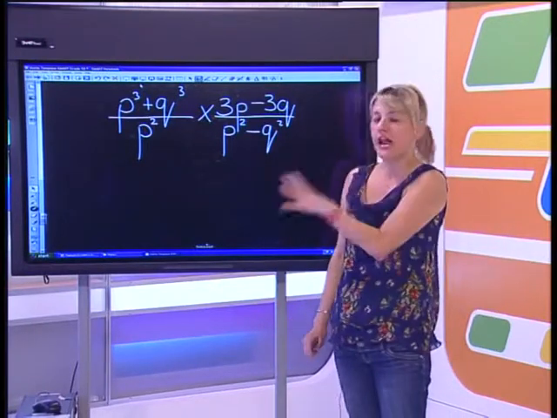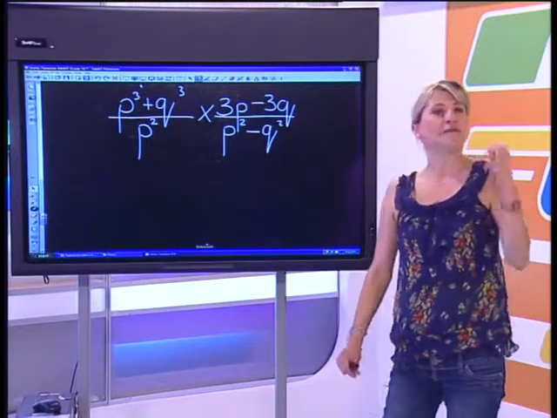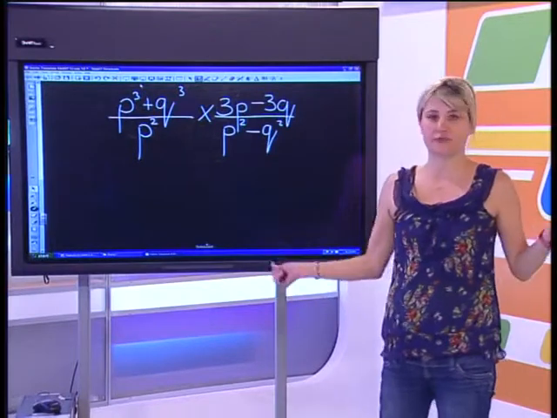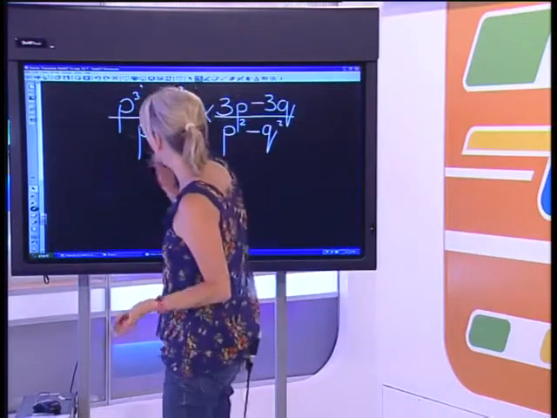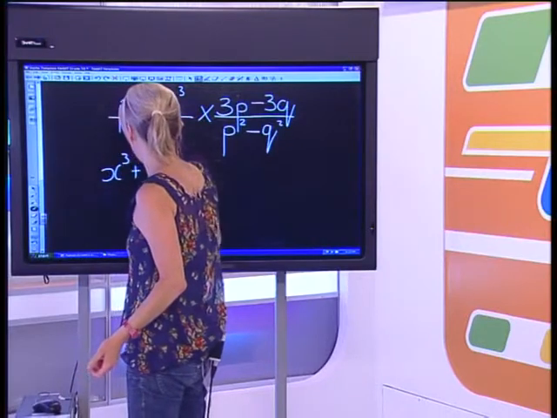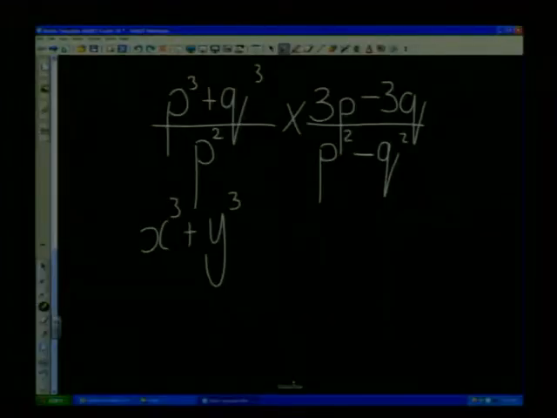Now before I carry on with this question, I'm just quickly going to take you guys through the rules for factorizing sums and differences of cubes. So let's say we have an expression x cubed plus y cubed, right? This is a sum of cubes because there's a positive in between and both of the letters are cubic. If I factorize a sum of cubes, what I do is the following.